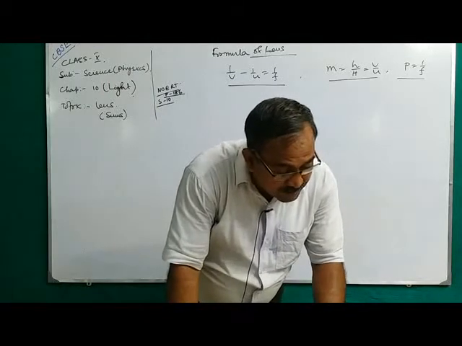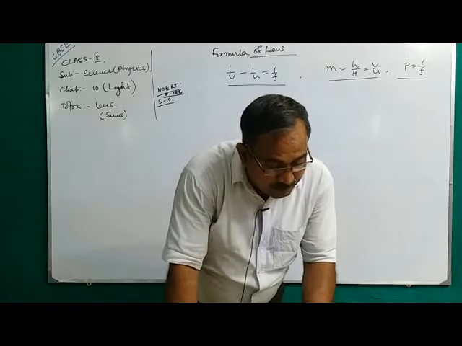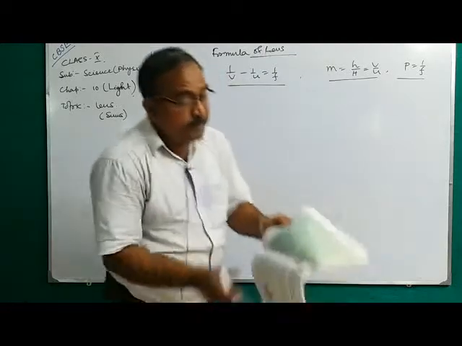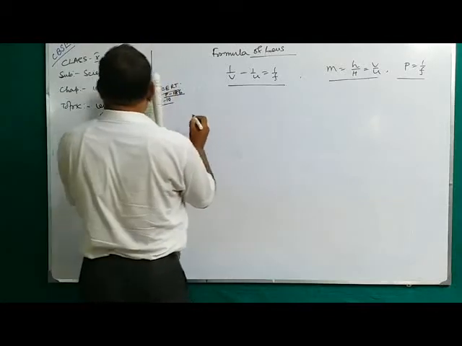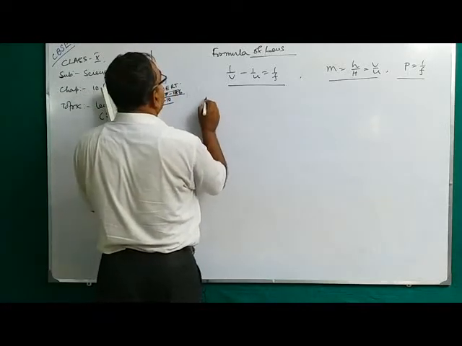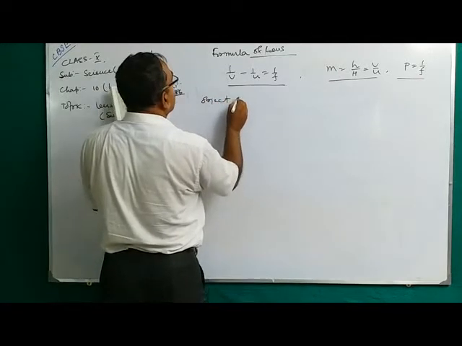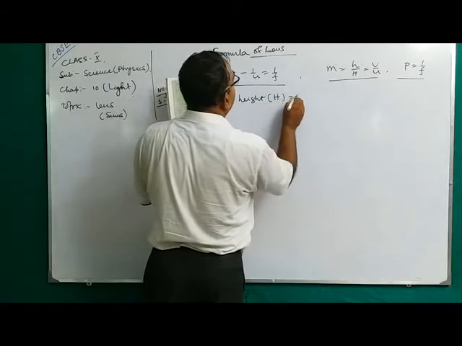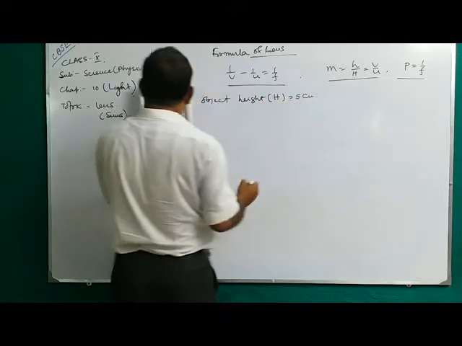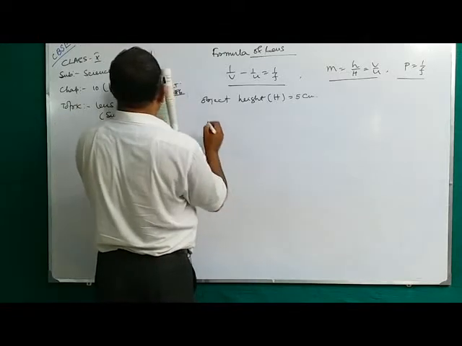An object 5 centimeter in length is held 25 centimeter away from a converging lens.